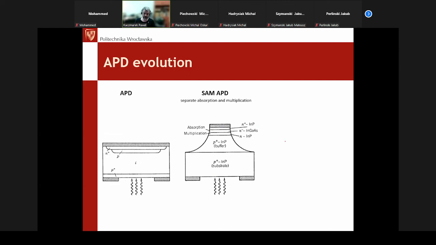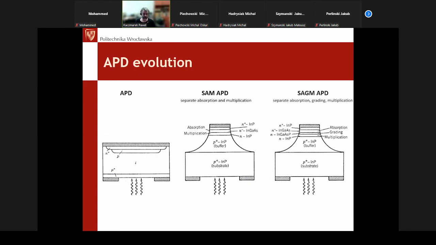Of course, it improves these dark current issues, so the sensitivity can be much higher for such a photodetector, but unfortunately it decreases the bandwidth. So the latest evolution of APD photodiodes is an additional layer between the multiplication and absorption layer, the so-called grading layer, because of adding a step to this band model I drew you previously.